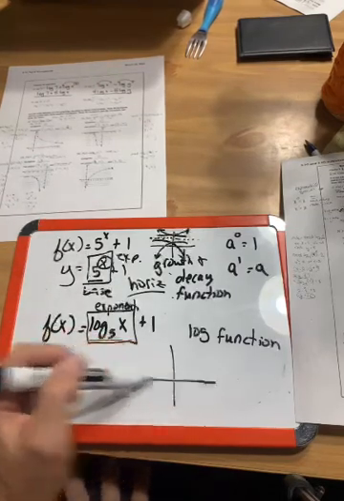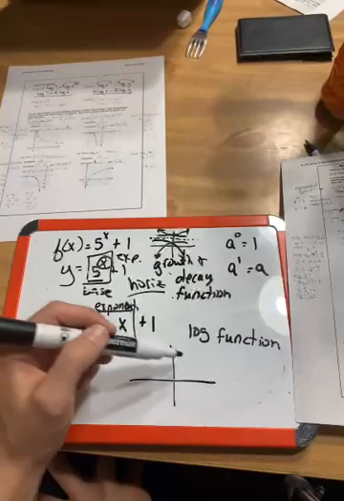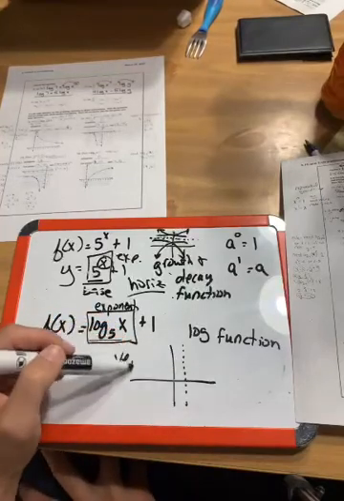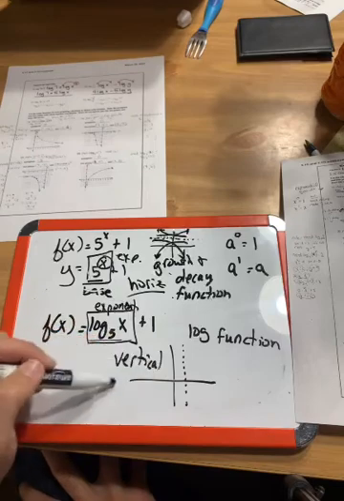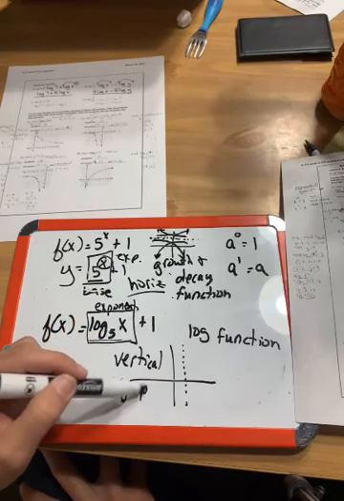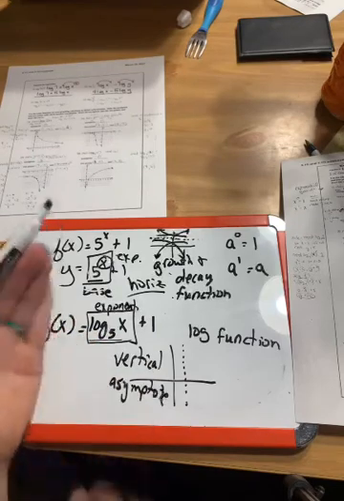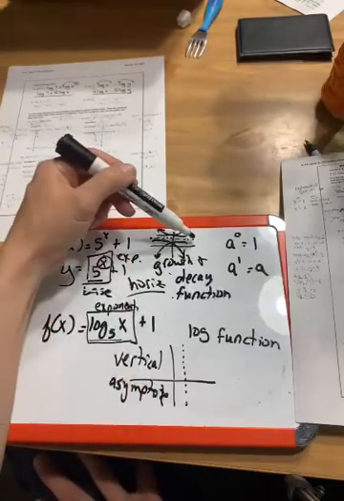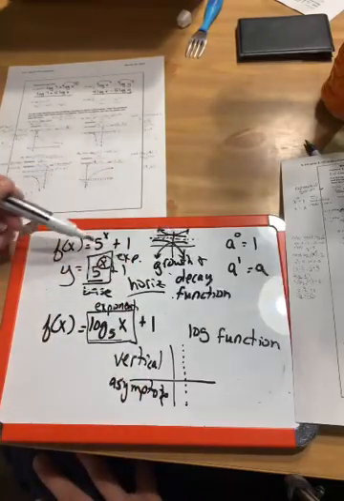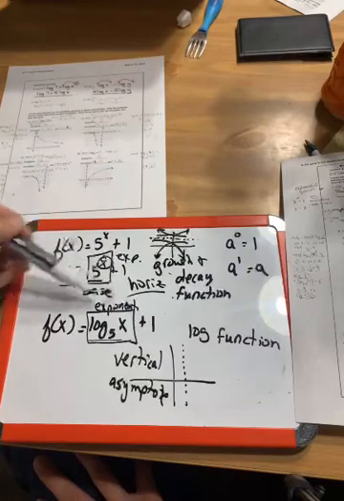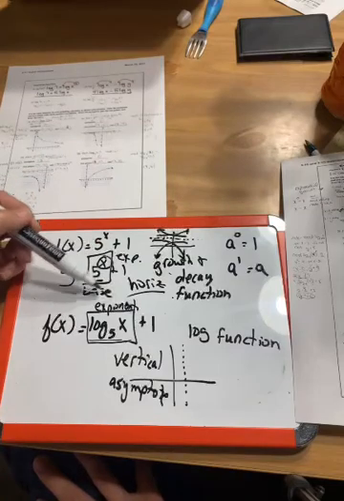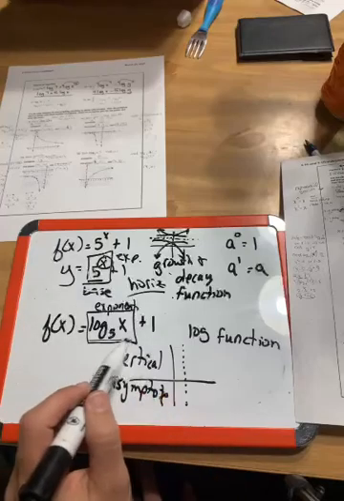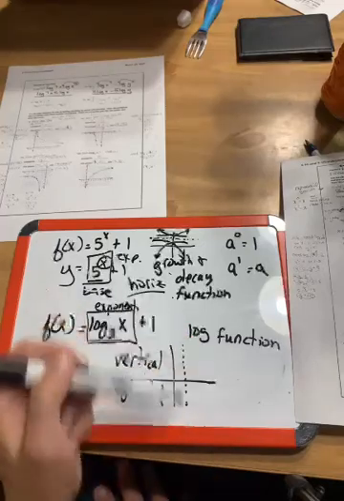On this type, when it sets up as a log, you are always going to have a vertical asymptote. Okay? Remember, because we're flipping it. So where we had a horizontal asymptote when we had it set up where we found our answers, we are flipping it. Now we've got a vertical asymptote.